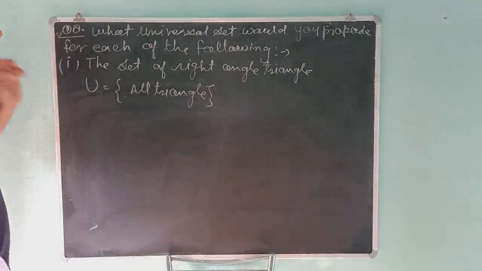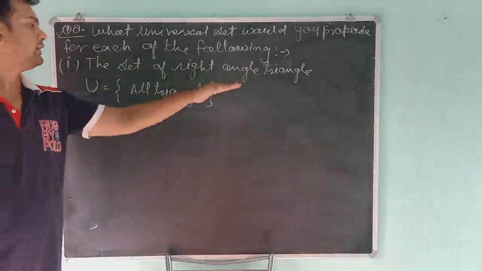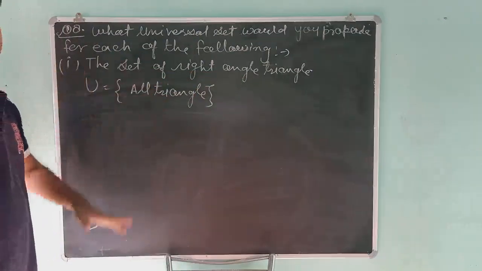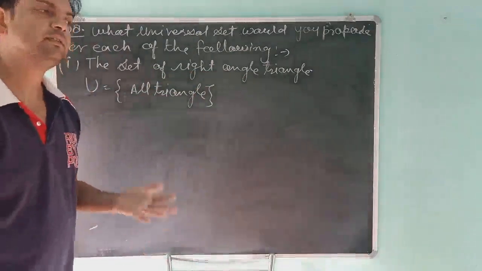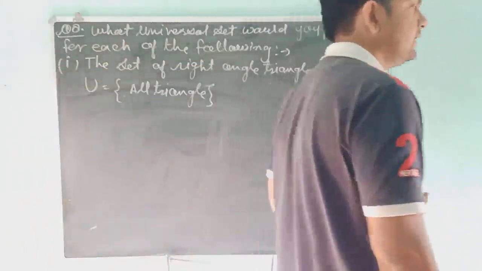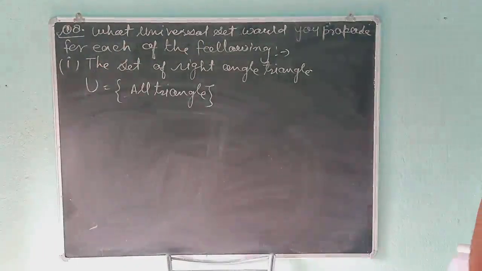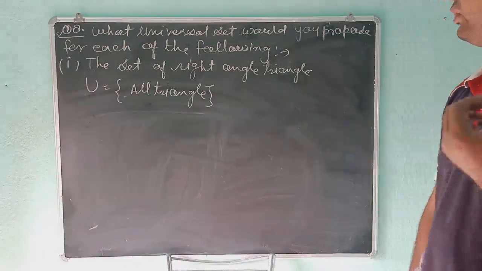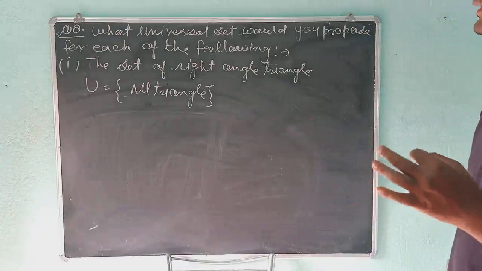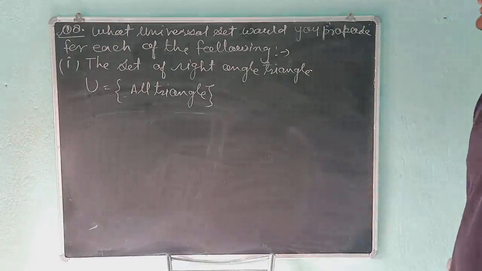That means all right angle triangles will be in the set of all triangles. All triangles means there will be right angle triangles, scalene triangles, isosceles triangles, equilateral triangles. All types of triangles will be in the universal set.